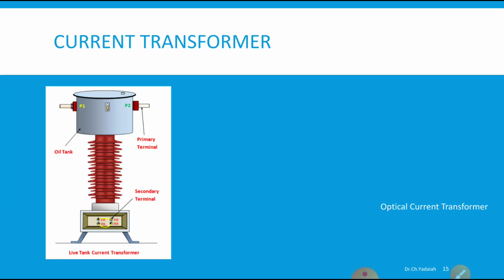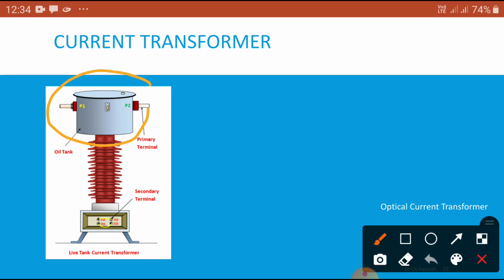Now you can see this is one current transformer used in our 33 kV lines, where it has one chamber. Okay, this is a chamber. What does it contain? It contains an oil tank to cool the winding. Oil indicators you can see here, and this is the porcelain insulation, and here is placed the base.